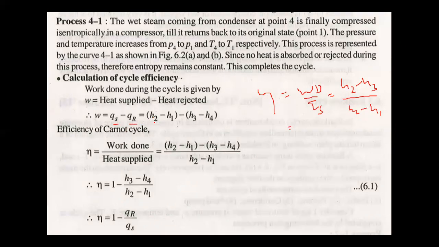So heat supply is H2 minus H1 and heat rejection is H3 minus H4. So ultimately we get work done equal to (H2 minus H1) minus (H3 minus H4) upon (H2 minus H1). So ultimately it is converted into 1 minus (H3 minus H4) upon (H2 minus H1).